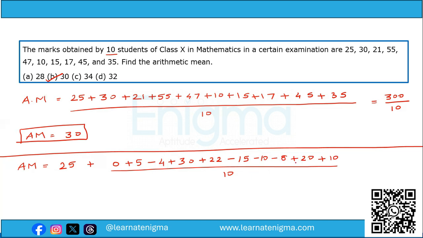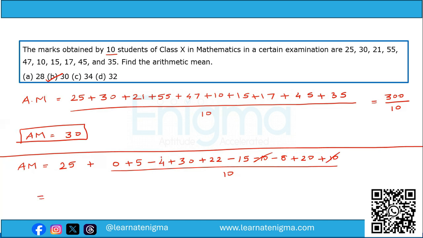So see here, minus 10 plus 10, we can cancel it out. Okay. Now we have here plus 5 minus 4 plus 30 plus 22 minus 15 minus 8 plus 20. Okay.